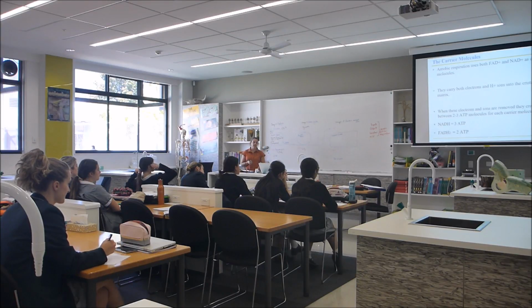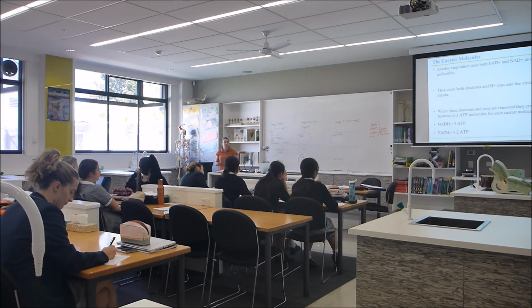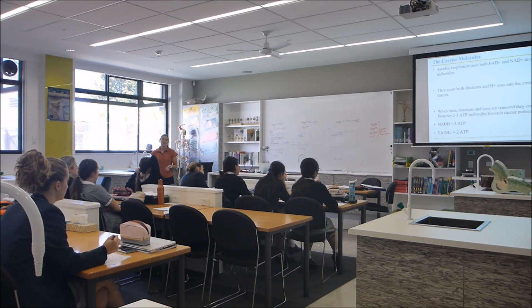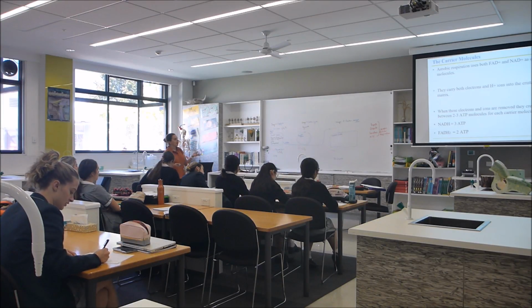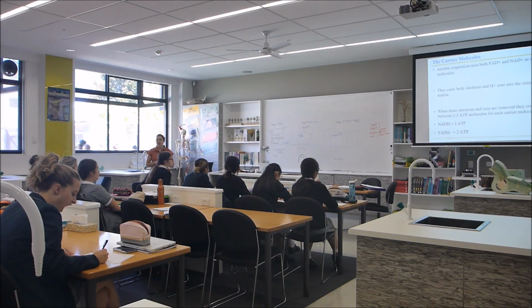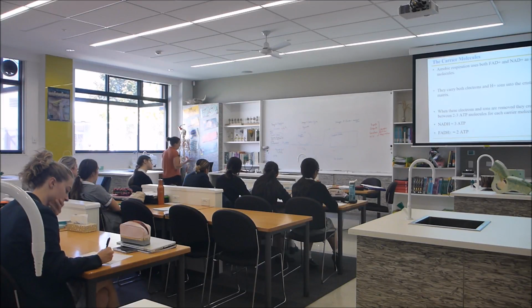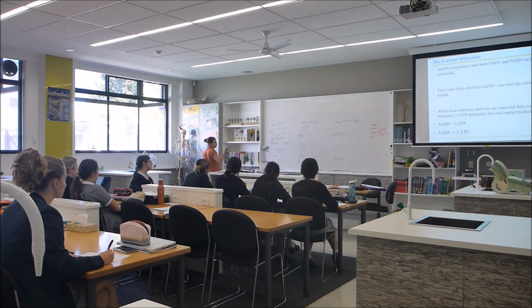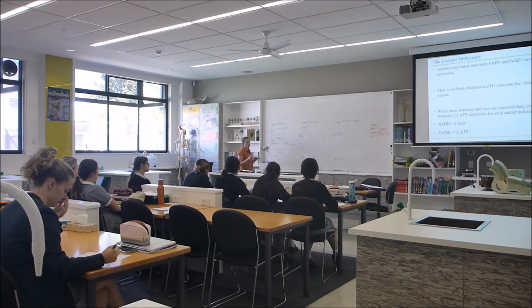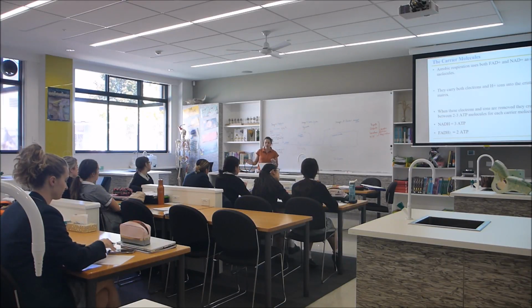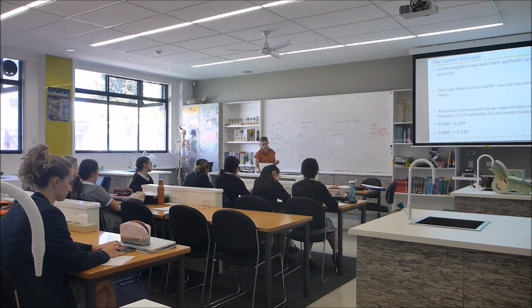Now you don't need to know this, but our NADH produces 3 ATP for whatever reason. It will be to do with the proteins involved in the membrane, and our FADH2 produces 2 ATP. You don't need to know that, but that's why we're getting a range of ATP produced. It also might produce less ATP depending on where it actually enters that biochemical process, which we'll come to.